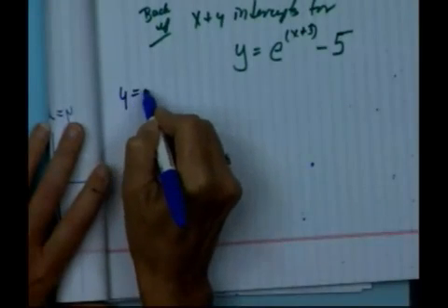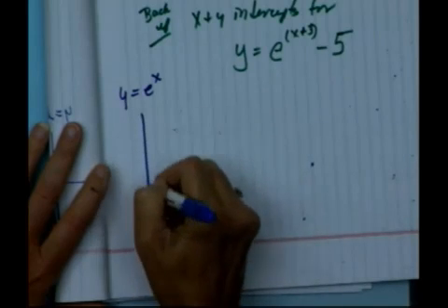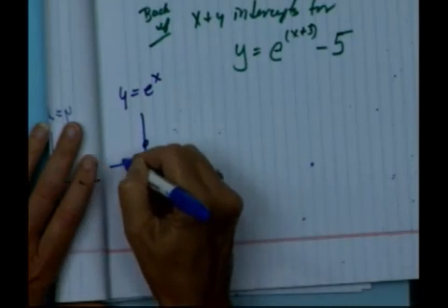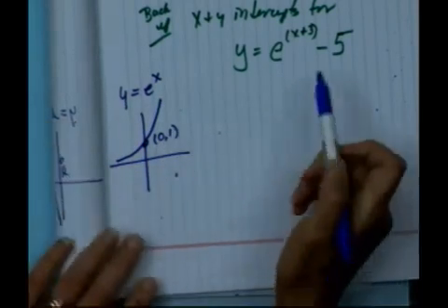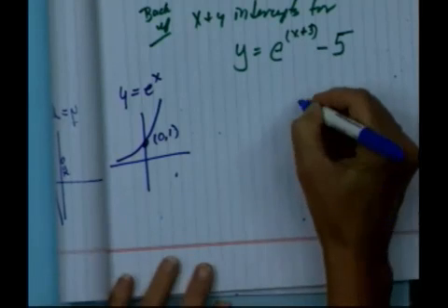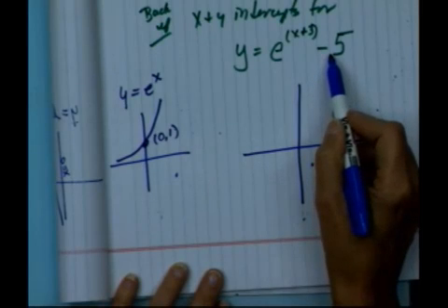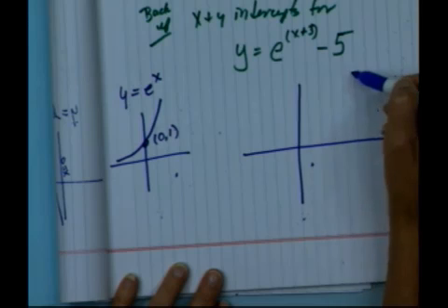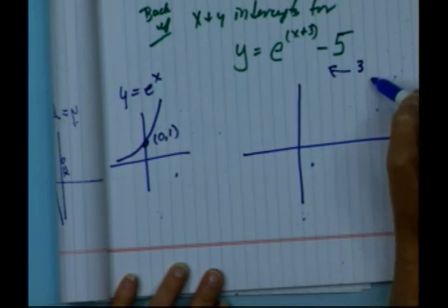Okay. What does the basic graph of y equals e to the x look like? Yeah, it's going to go through 0, 1. All right. So what's going to happen to this graph? Yeah, you're going to go left 3 and what?